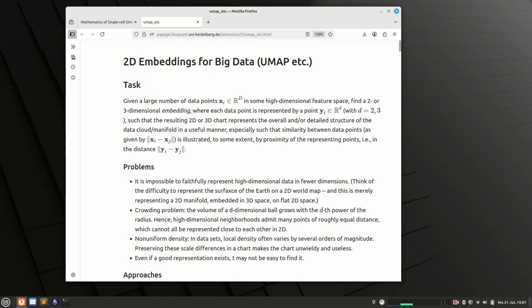So still looking for a good term how to call this mathematically, how to capture it, and I guess people always had it because the whole field now exists, probably for more than 100 years, and I couldn't find any good suggestion to explain what we're actually doing. This is why I deliberately say that the chart that we want should represent the overall or maybe the detailed structure of this data cloud, which we can consider a manifold or maybe not, and putting all these things together.